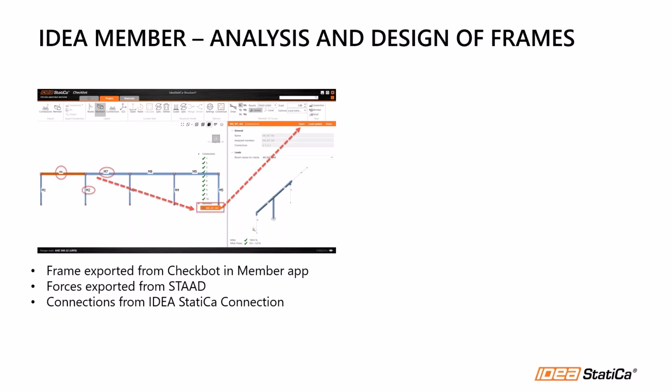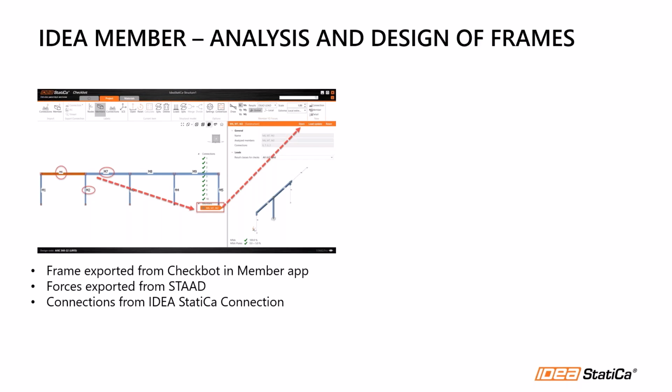The model that I am going to show you was opened from Checkbot, and the forces are also imported from STAAD.Pro. As I had the connections in the model, because I modeled them before, they came into the member model too. So I didn't have to do much modeling.